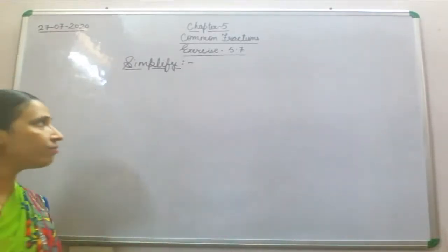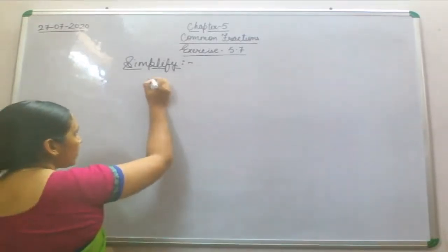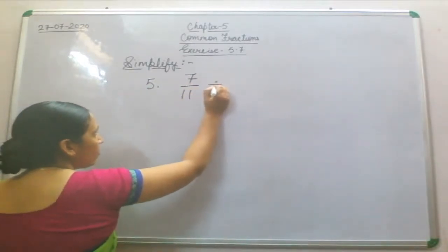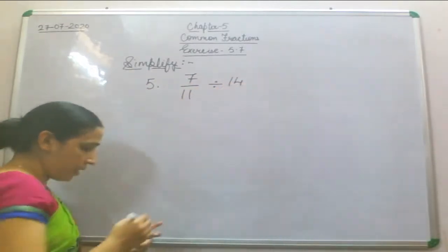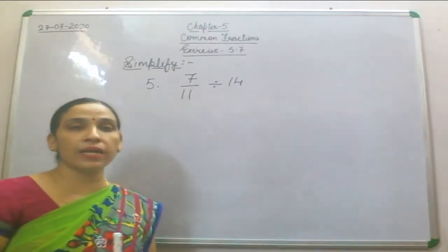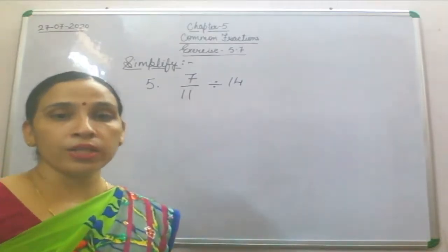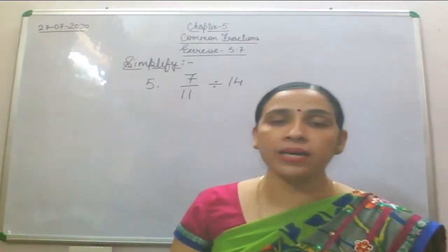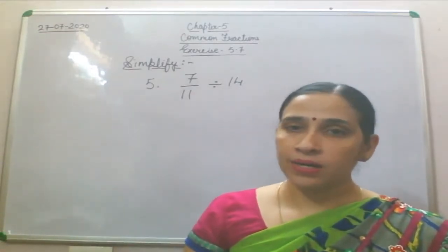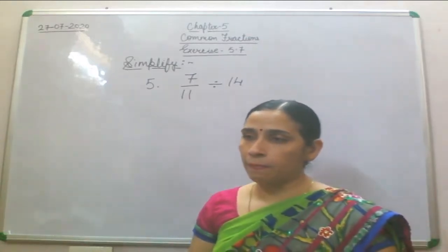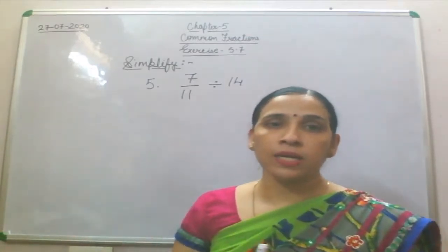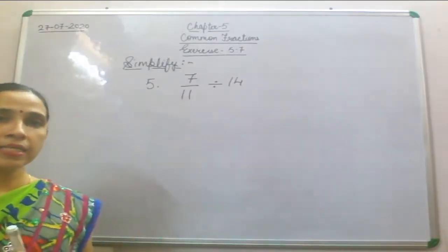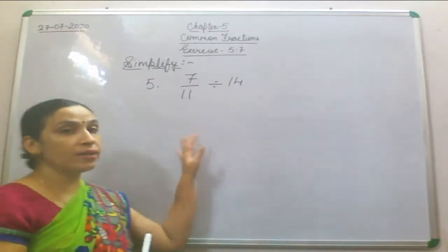So let's start. The fifth question is 7 by 11 divided by 14. Now this is your fifth question, which is related to simplifying division sums. So let's start now. 7 by 11 divided by 14.